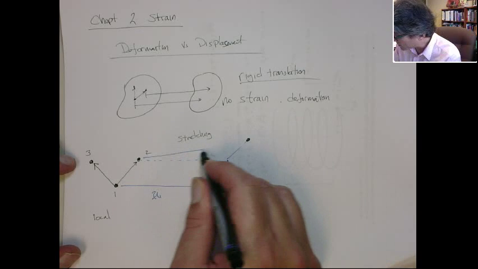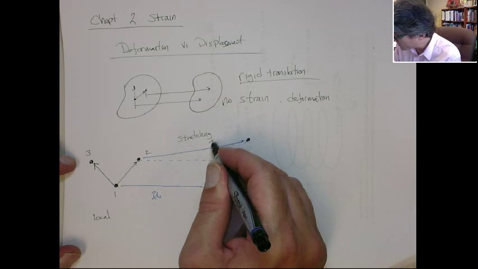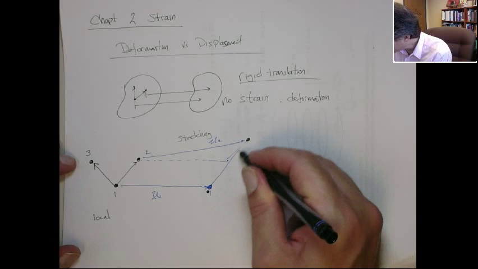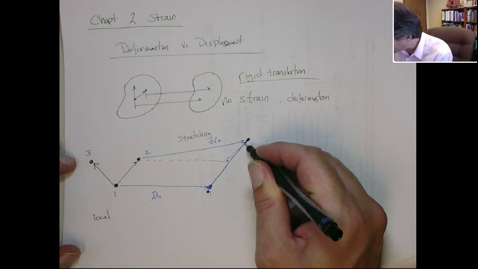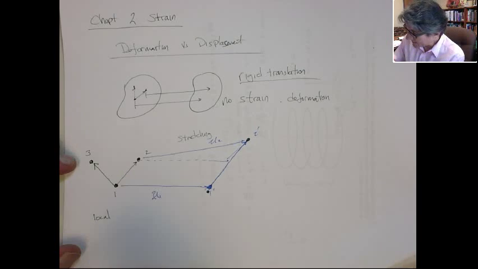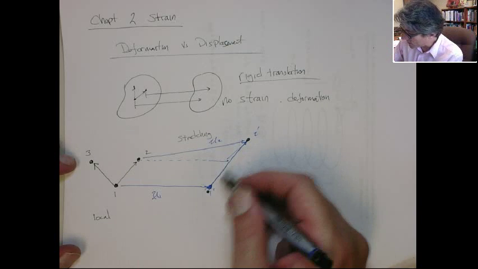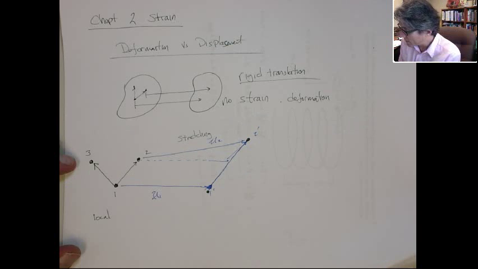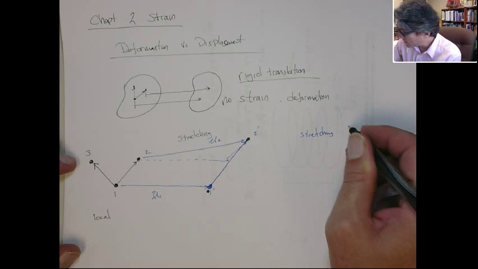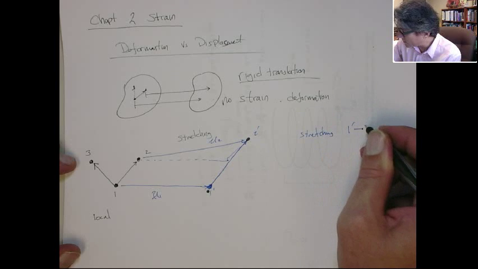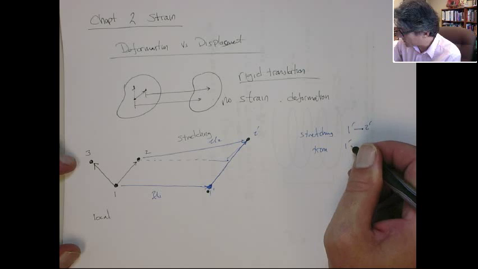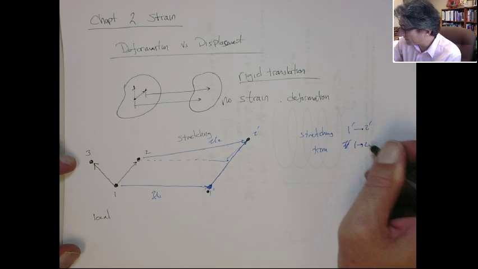So here's the displacement of point 2. This line segment from 1 to 2 has stretched, and I'll put little primes to note the deformed segment, 1 prime to 2 prime. So there's a stretching of 1 prime, 2 prime from the undeformed configuration, which is 1, 2.